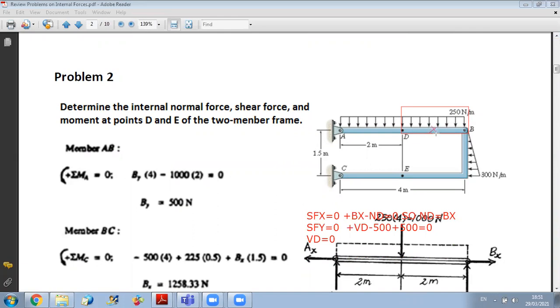Which means whenever I cut in the middle, the V, upward or downward, is 0. Yes, exactly. So when you have a distributed load that is symmetrical with respect to your part, then at the middle of this part, the shear should be equal to 0.